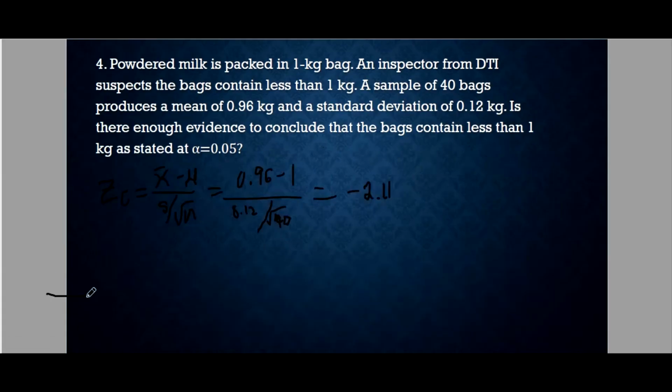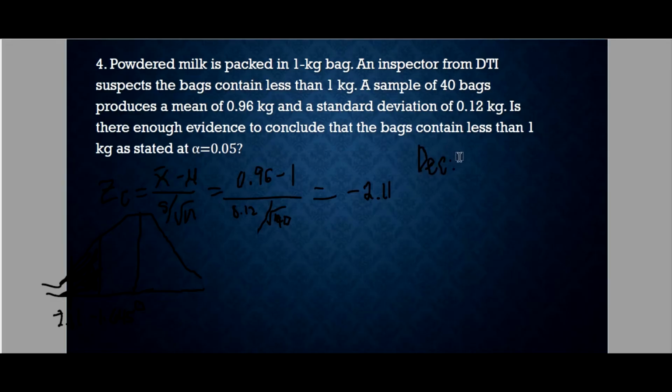So let's draw for us to make a decision. So we have 0, negative 1.645 is here, and this is our critical or rejection region. Then we have here the computed negative 2.11. So take note, the Z computed falls within the critical or rejection region.